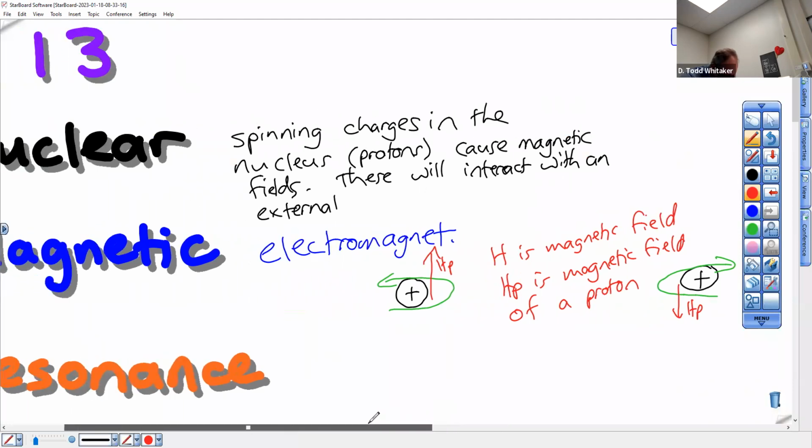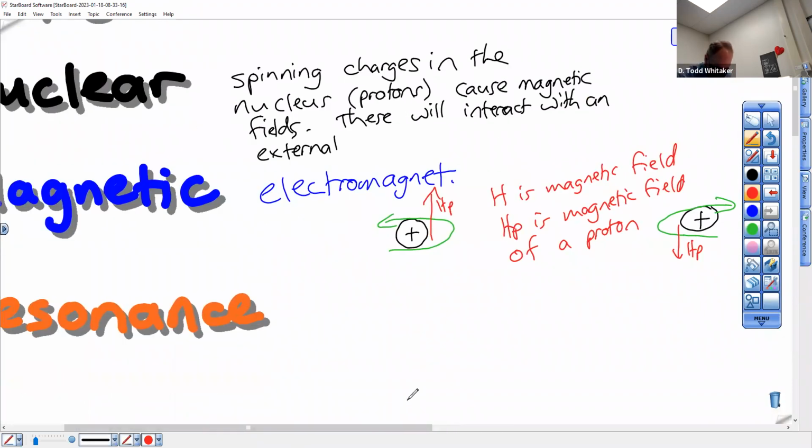Okay, now my electromagnet's going to be blue. And I am not blue. And it's big. That's why I drew it big like that. And I'm going to call this H naught. That's the magnetic field of your electromagnet.